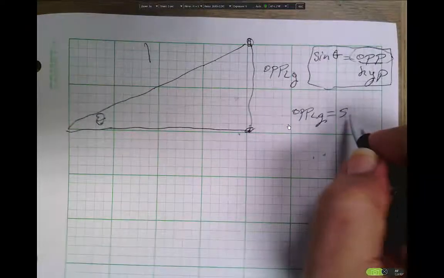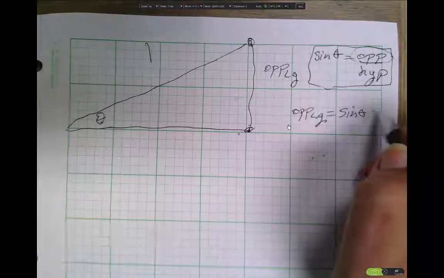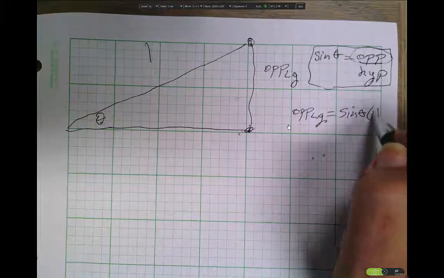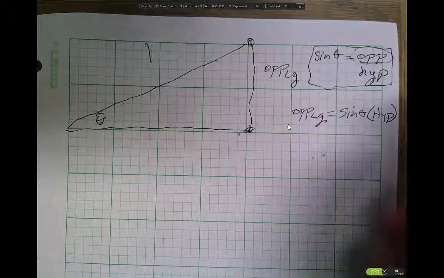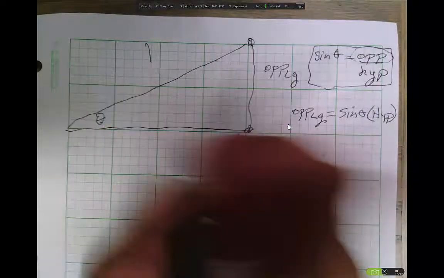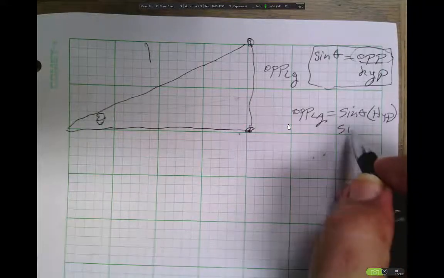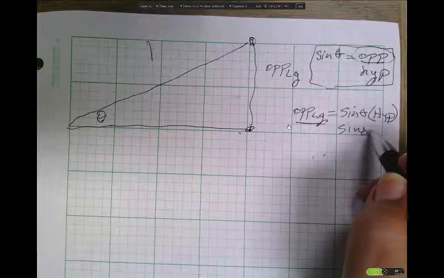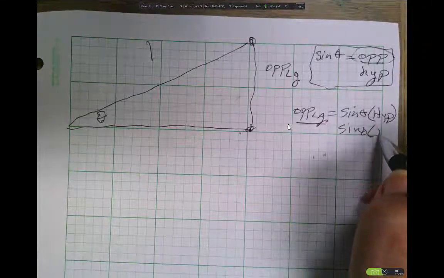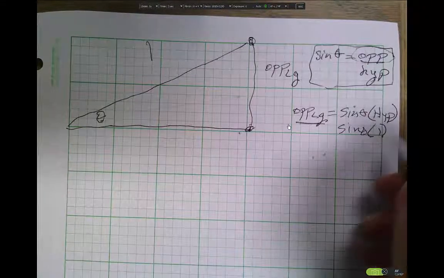Opposite equals sine of theta times whatever the hypotenuse is. Well, the hypotenuse for the large triangle is 1. So the way we calculate the length of this is the sine of theta multiplied times the hypotenuse, which is, in this case, 1.